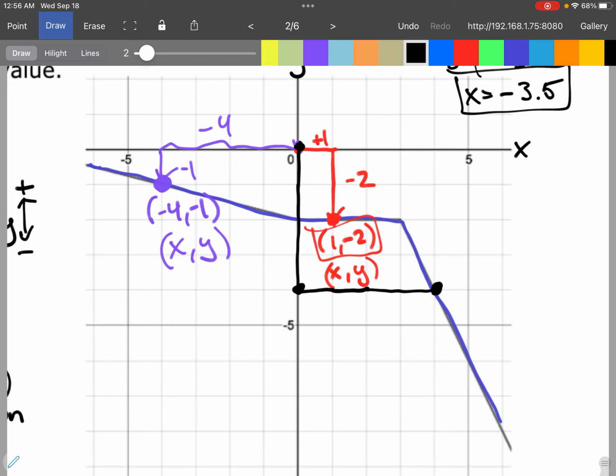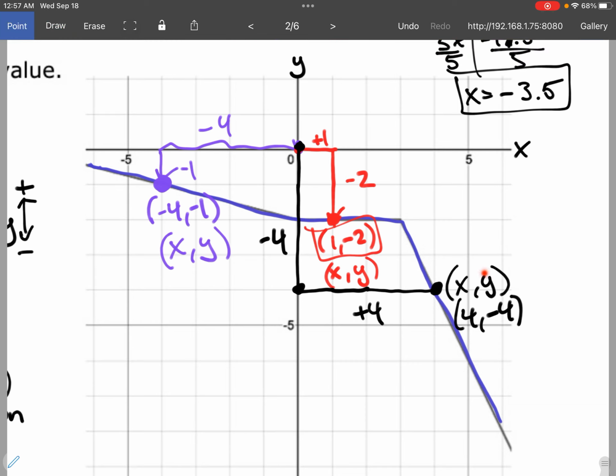So down 4 is negative 4. And then to the right 4 for our x is a positive 4. Hence, naming this point right here would be x, comma, y, aka positive 4, comma, negative 4. Here's our answer. When y is negative 4, x is positive 4.